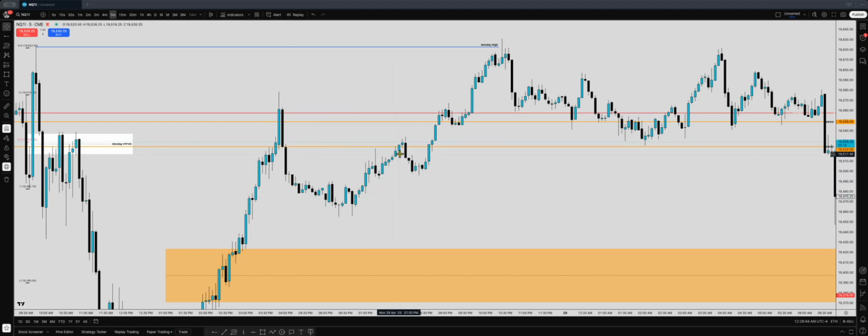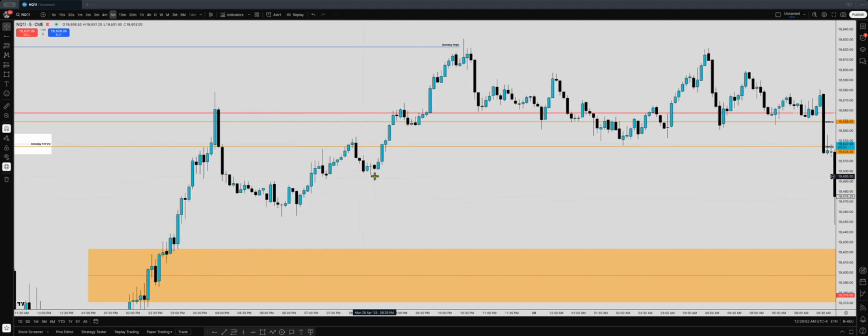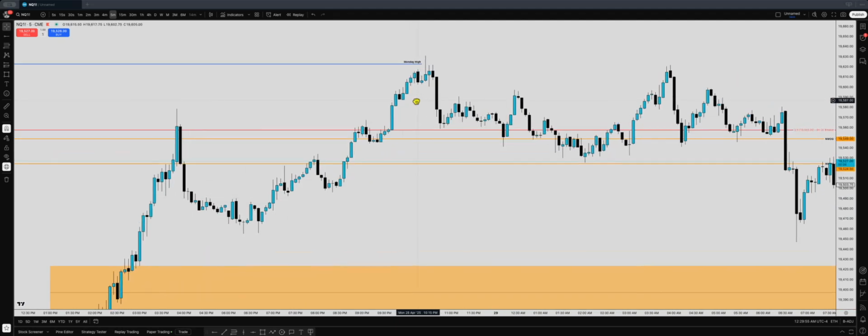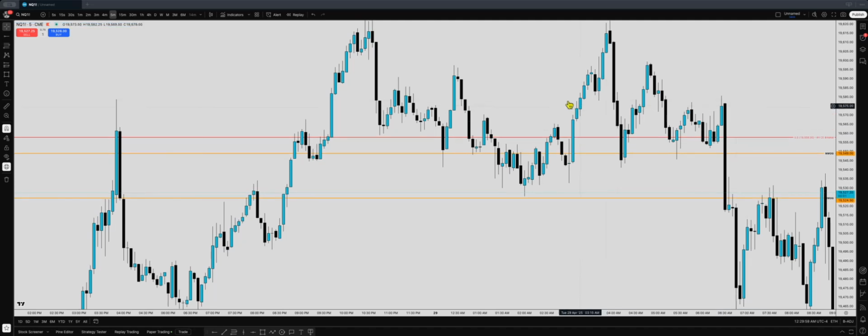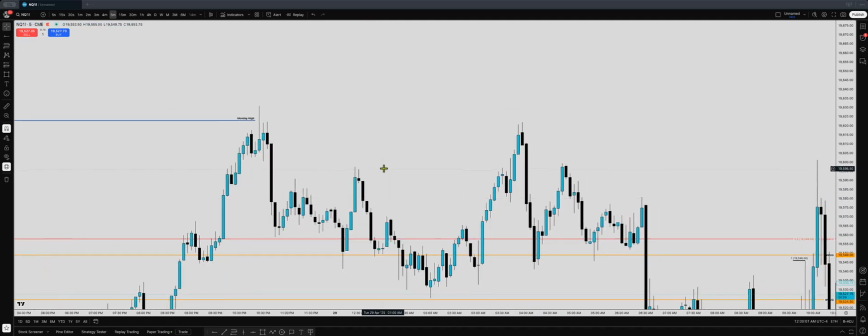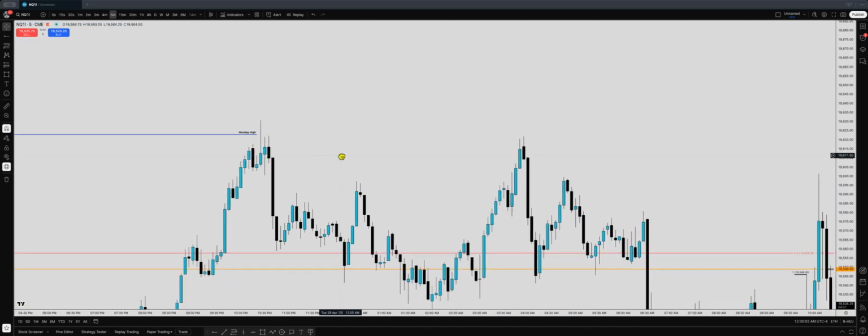Actually, the opening is right here. All right, so it moves up, and right here is the very first sign where the model takes place.